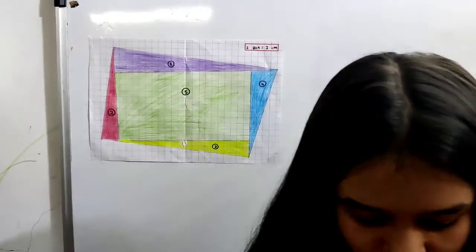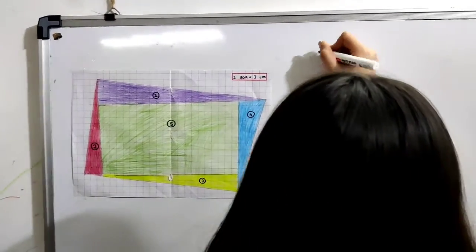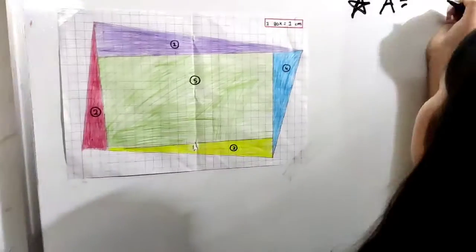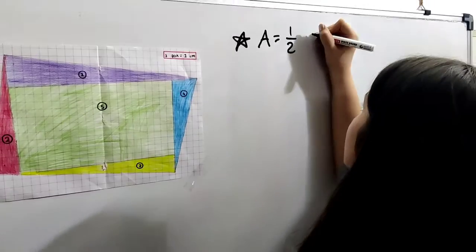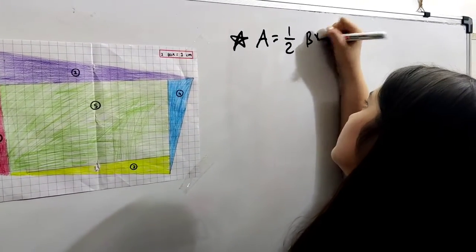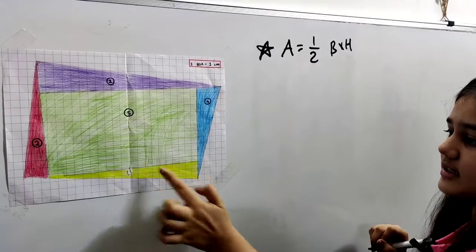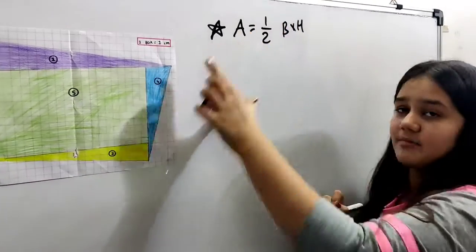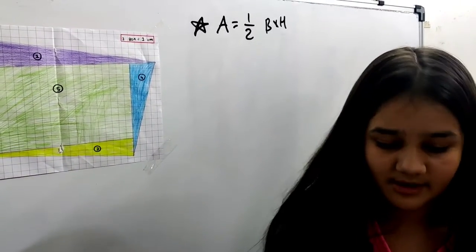So over here I'm first going to write the basic thing. So area is equal to 1 by 2 into B into H. So we are going to do this with 1, 2, 3 and 4, the same formula to find the others. Okay, so first let's start with the purple triangle which I have made.